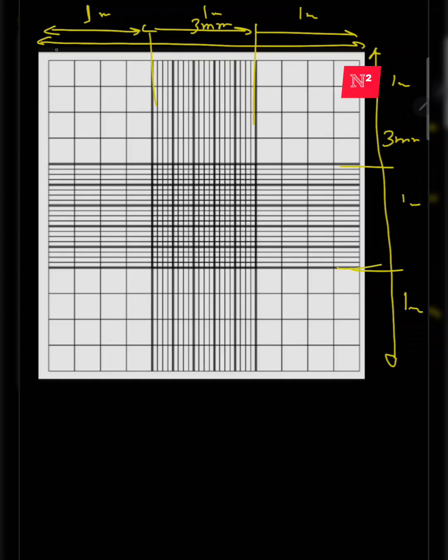So let's keep our focus on this part of the Neubauer counting area. This is called the WBC counting area. In the WBC counting area, you can see there are some smaller boxes and some big square boxes.